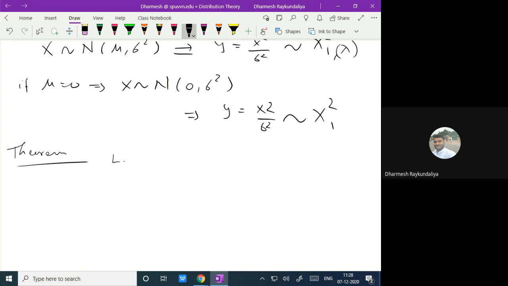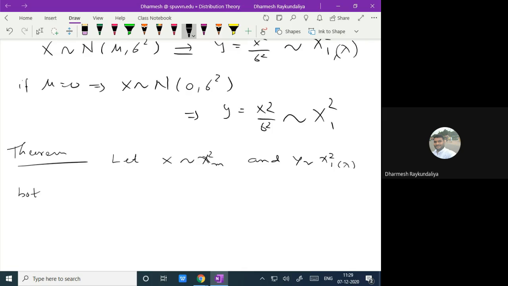So there is another theorem. Let x be distributed as chi-square with m degrees of freedom, and y be distributed as non-central chi-square with 1 degree of freedom and non-centrality parameter lambda.